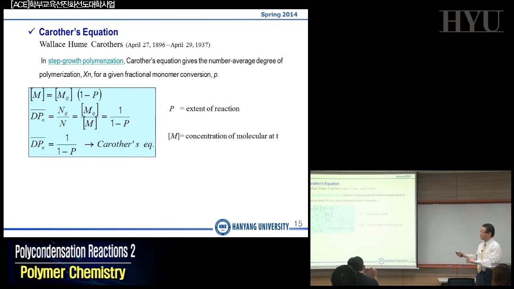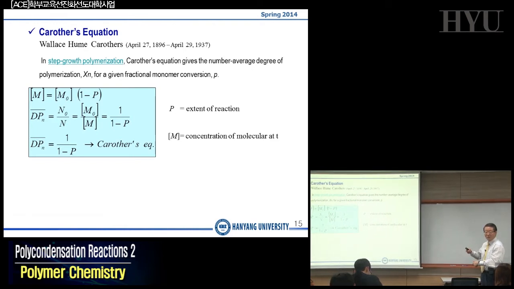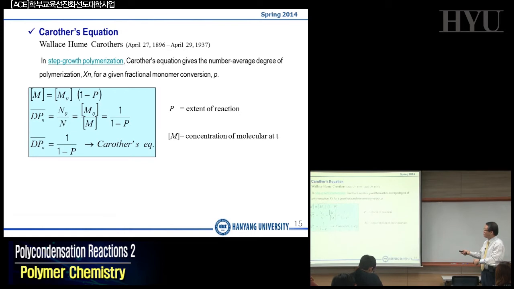That is P, and the 1 minus P is the fraction that is left in your system. So if you multiply the initial number of molecules times the fraction that is left in your reactor, then you can come up with the concentration at a given time t of your functional groups.